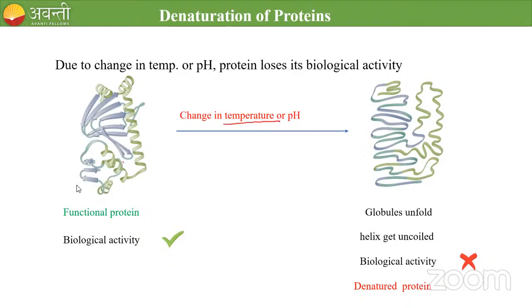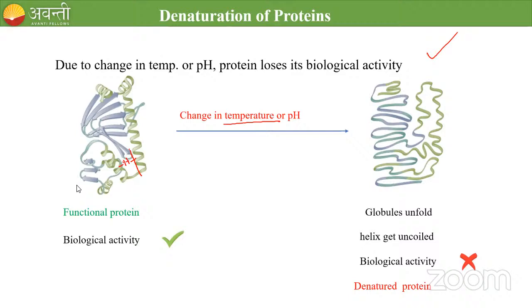There will be some hydrogen bonding between them, so that hydrogen bond will be broken down. So the folding is getting unfolded, right? And the coiling is getting uncoiled. And the protein is losing its activity, which is called denatured protein. And this process is called denaturation of protein.